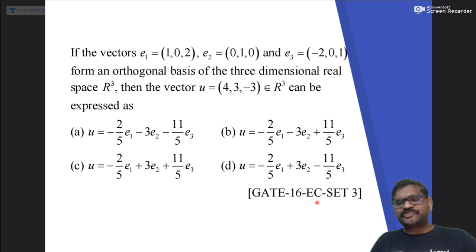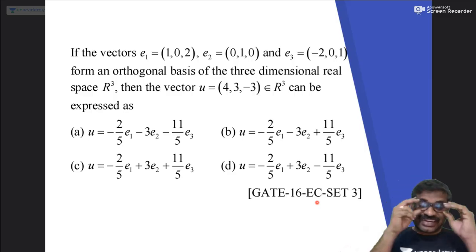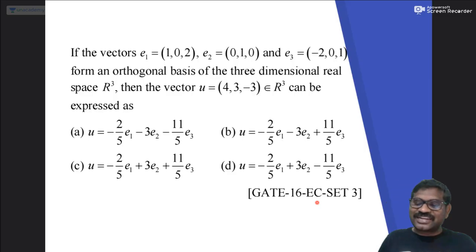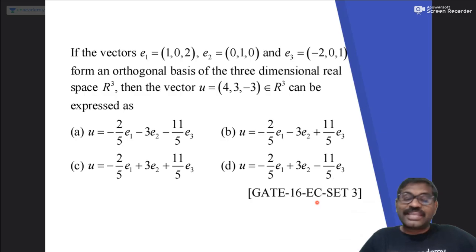Next problem. It is a problem designed on concept of basis. 3 vectors are provided, E1, E2, E3. Okay? E1, E2, E3 form an orthogonal basis of a 3-dimensional real space R cube.